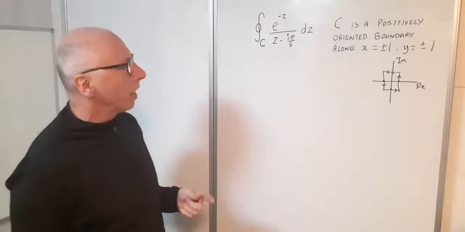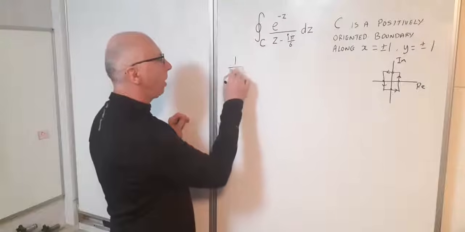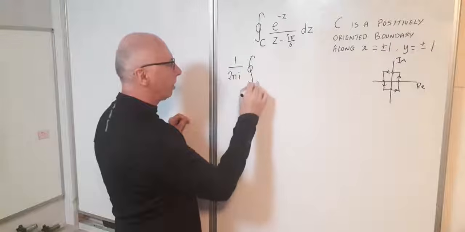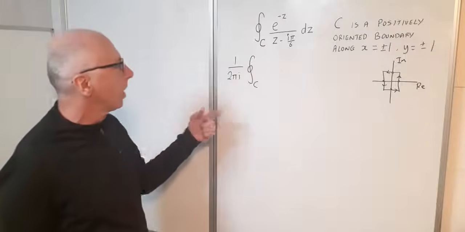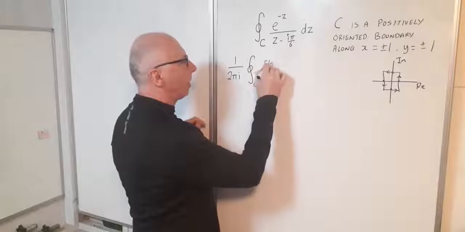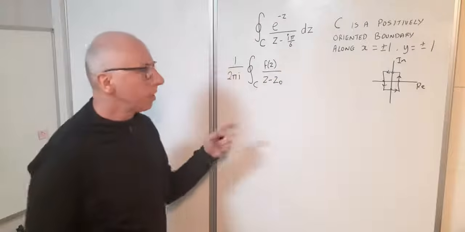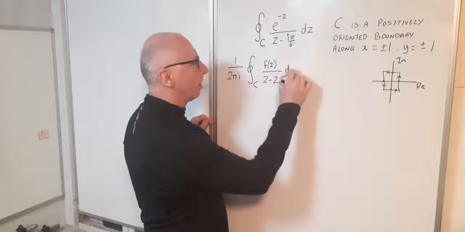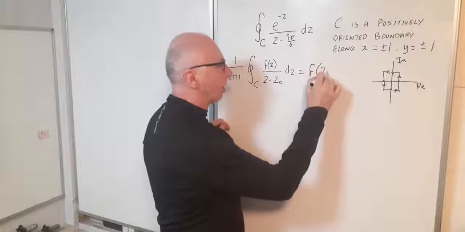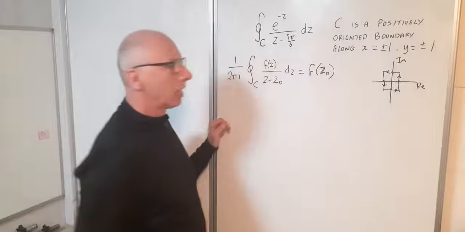So what we can use here is the Cauchy integral formula, which is 1 over 2 pi i, line integral along some contour C of f of z over z minus some z0 dz, and that just equals f of z0. That's our base setup for how to solve this integral.